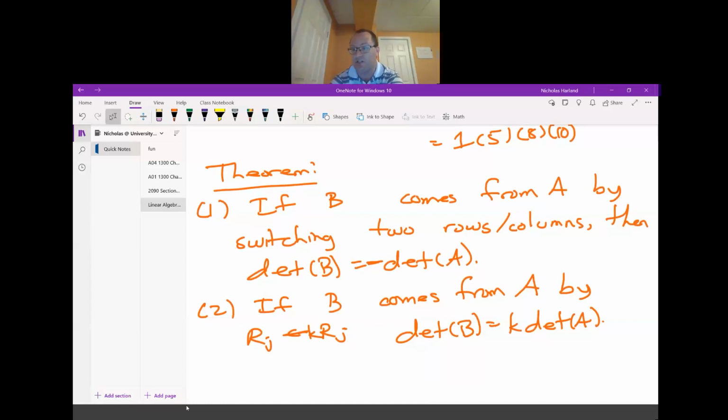The cofactors come from the other rows and columns. What you're changing is the entry, so every A became K times A, but the cofactors didn't change. So in your determinant calculation, you just get this factor of K everywhere.